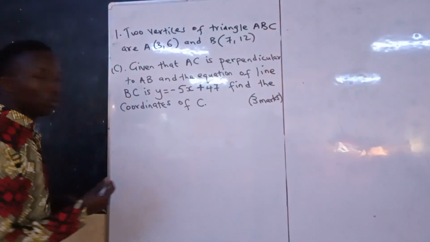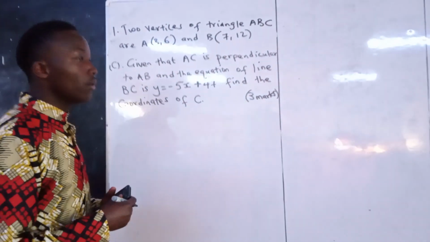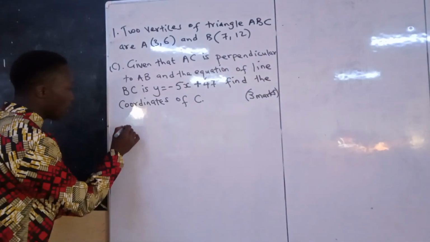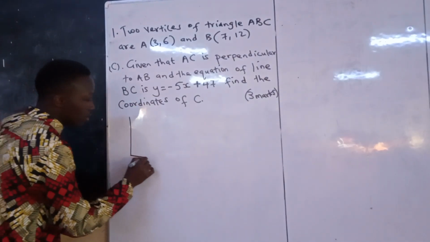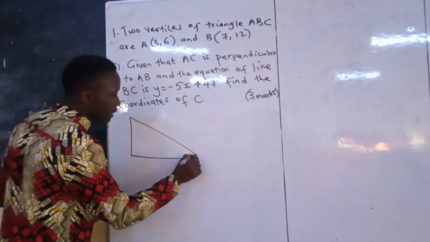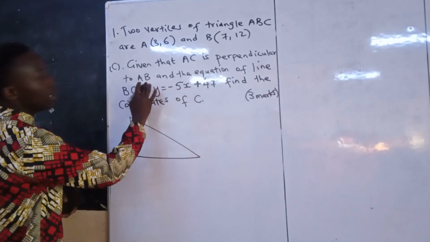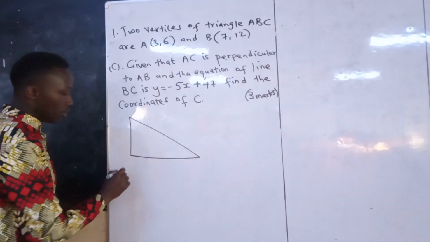So we need to note that our triangle is a right-angled triangle, and there are two lines. The two lines AC and AB are perpendicular to each other.